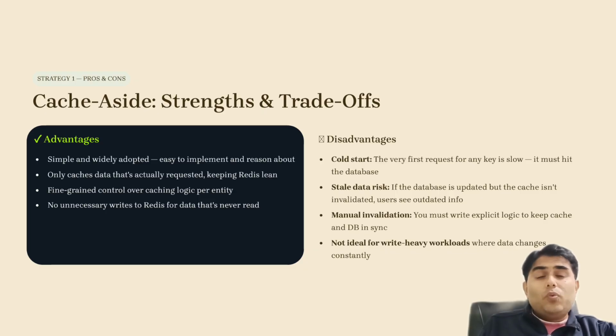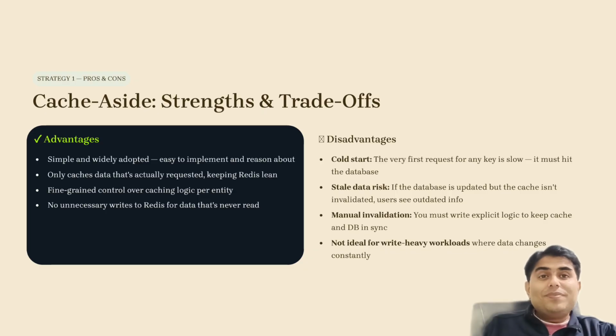And what kind of interview question will you face from this? Why is cache aside popular? You can give a simple answer: because memory usage is optimized, only frequently accessed data gets cached. So all data is not cached, only frequently accessed data is cached.